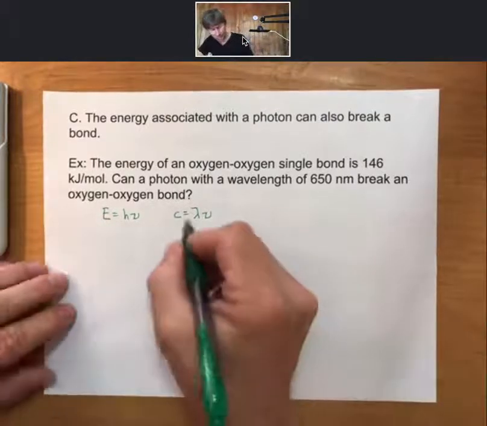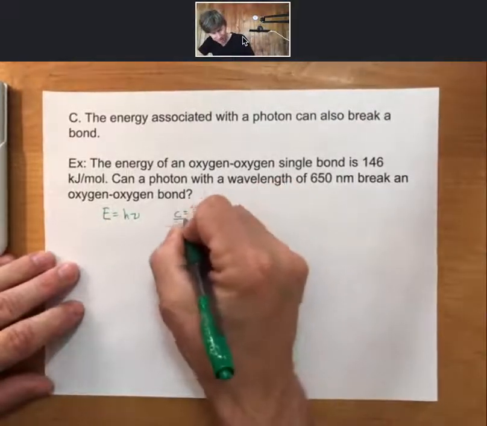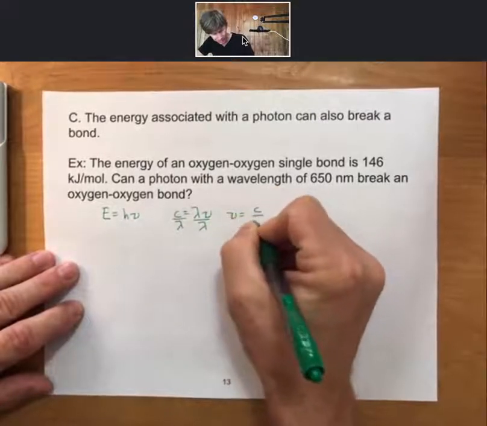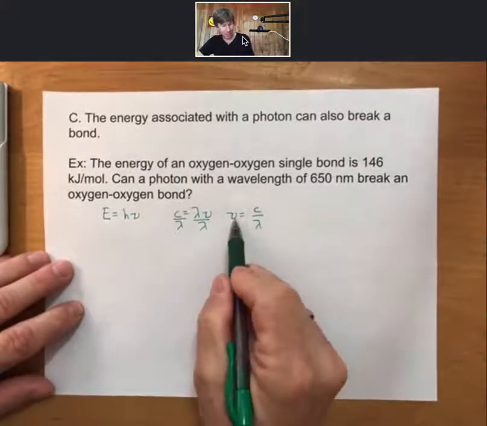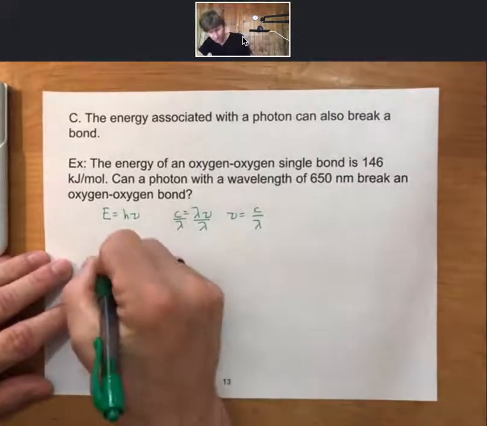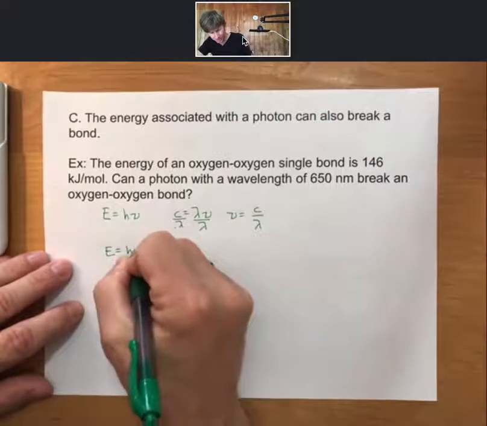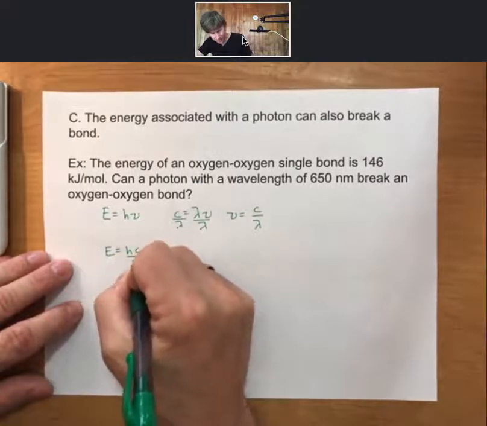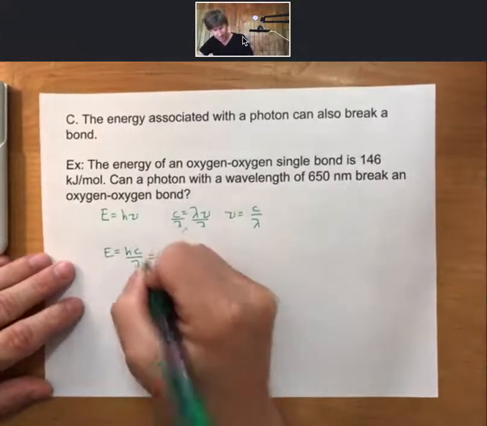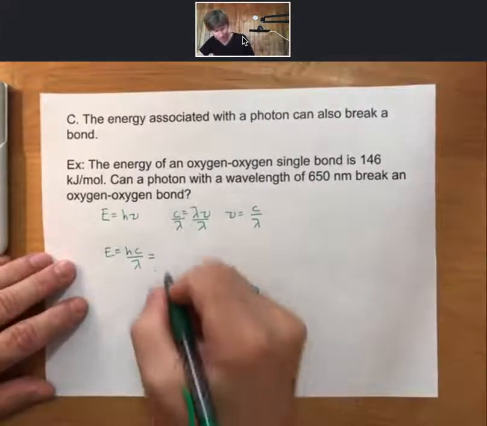Or you can combine these two to get an equation for frequency here, and then plug in for frequency in the energy equation to get a new equation which says energy equals Planck's constant h times the speed of light divided by wavelength, and then plug in.